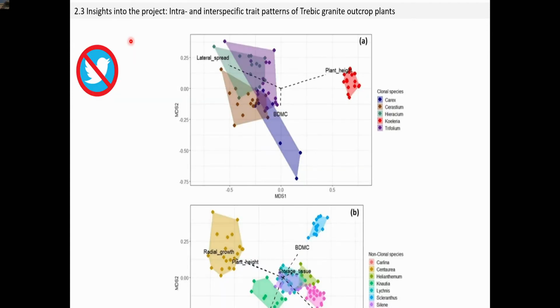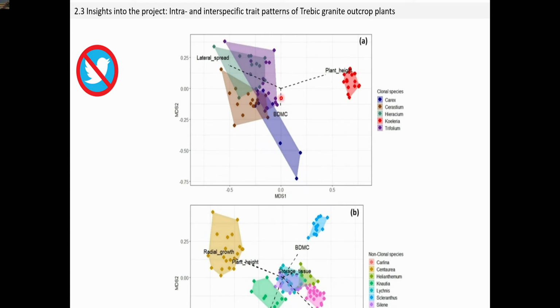Okay, these are some results. In the upper panel there are clonal species, in the lower panel non-clonal species. This shows how the different species plot in a multivariate space created by the traits. As you can see, the clonal species tend to be more consistent in their occupancy, even though there is Koeleria macrantha, which is characterized by consistently taller plants.